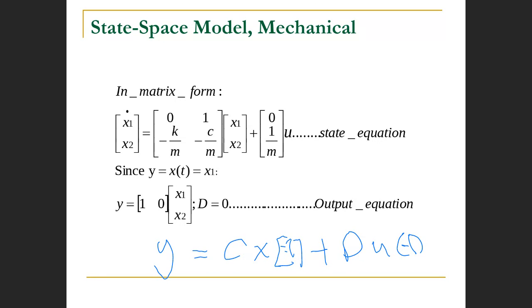Because the coefficient of u is 0, it therefore means that D is 0. Is that clear?